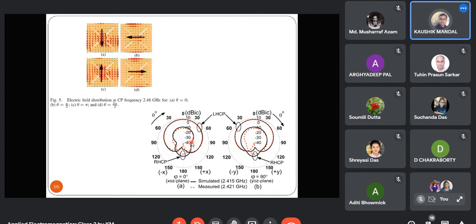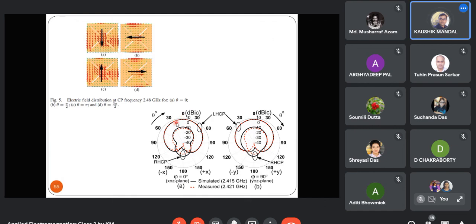So this type of dual CP design is also very important for researchers nowadays. But the point is that you have to consider the difference between this LHCP and RHCP at a particular point, it should be higher. That is called the cross polarization discrimination.